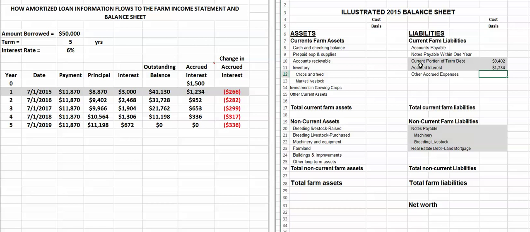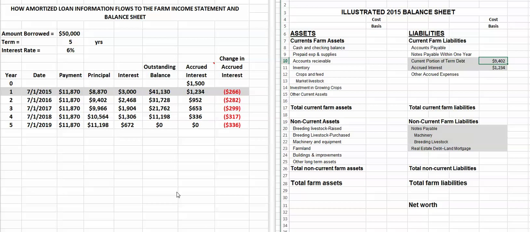The accrued interest is what portion of next year's interest is actually due today, December 31st. So you get that current portion of term debt from the next year's principal, and you get the accrued interest from the current year's accrued interest column.